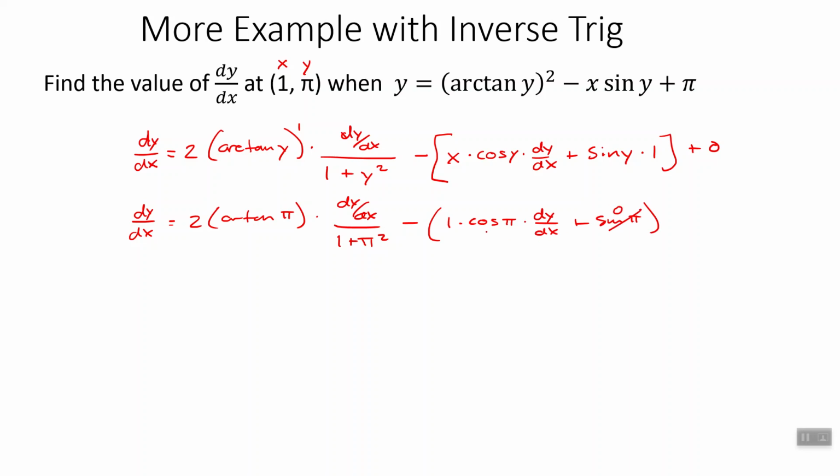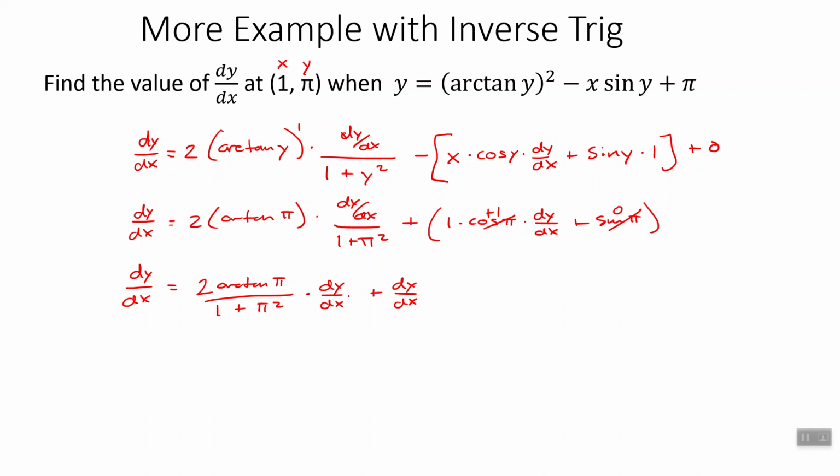Cosine of pi is -1. So these two negatives are going to cancel out. So we're going to get dy/dx equals 2 arctan of pi. I don't know whose angle's tangent is pi. I'm going to put the 1 plus pi squared with that and just put the dy/dx next to it. Over here we've got plus a dy/dx.